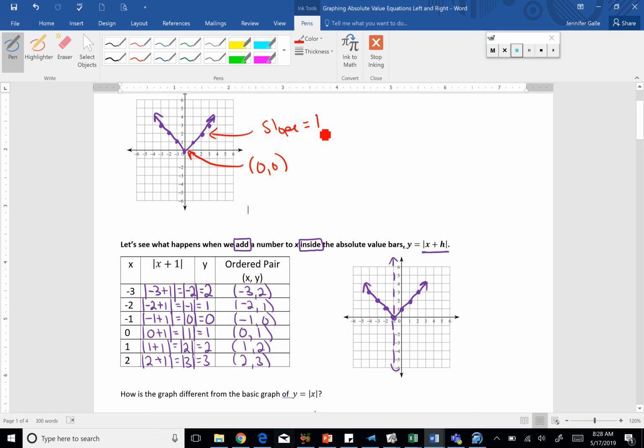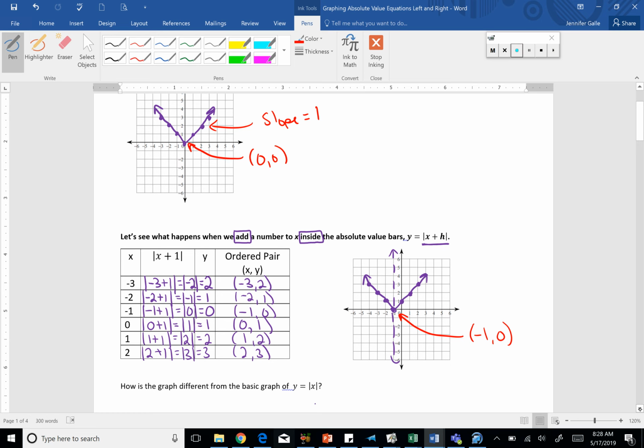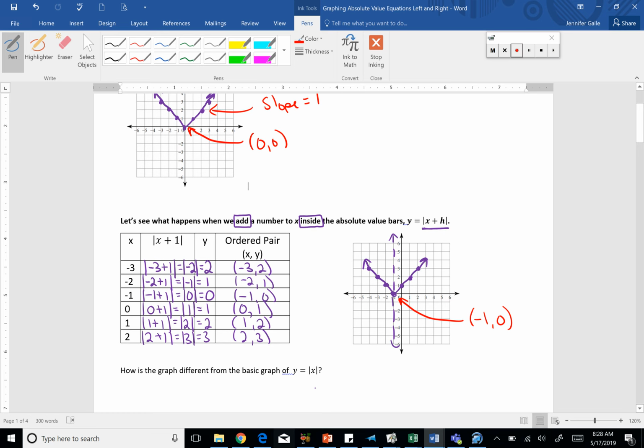How has it shifted over 1? Which way? Yeah. So now the middle of our graph is -1, 0. We went left. It moved left how many? Just one spot.